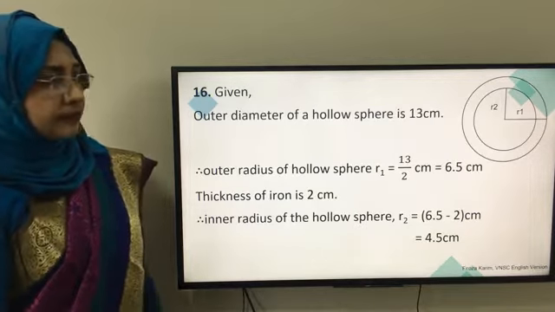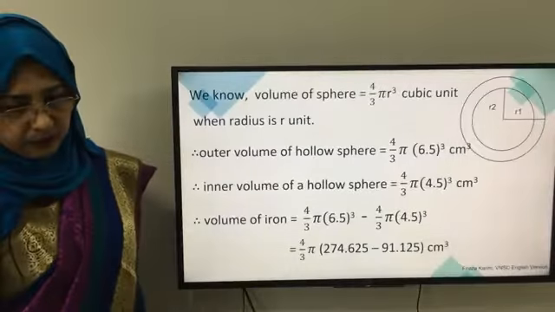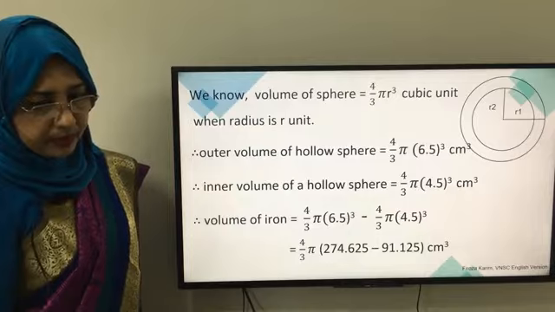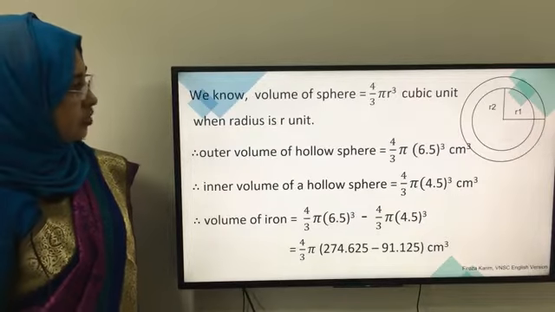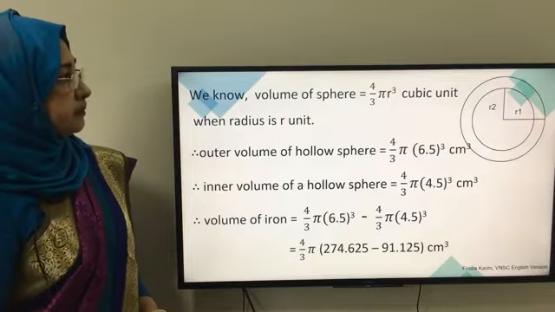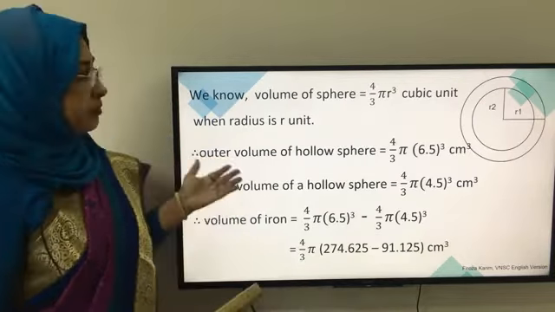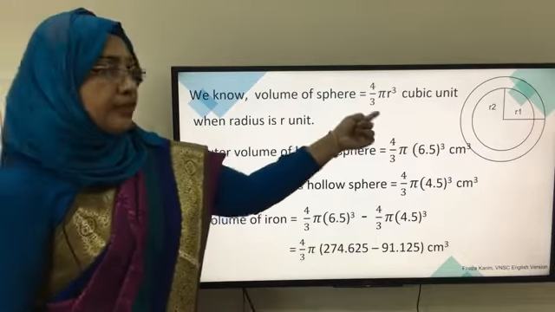Okay, have you written it? Then we got all the radii, the outer radius and the inner radius. Now before applying the formula of volume we must mention it here.